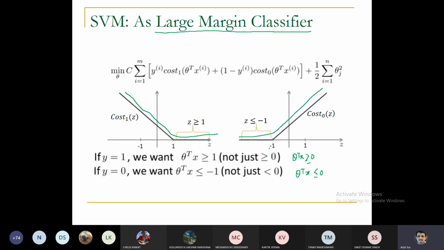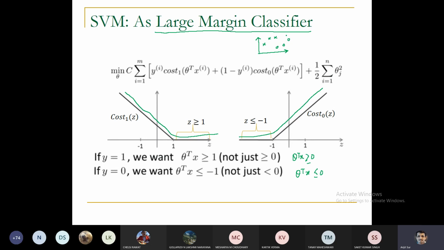So that idea is basically that if y is equal to 1, we have some sort of approximation such that z is greater than or equal to 1. So we have to look at it in this way: in that case, you see a large margin, with this being something and this being some data.